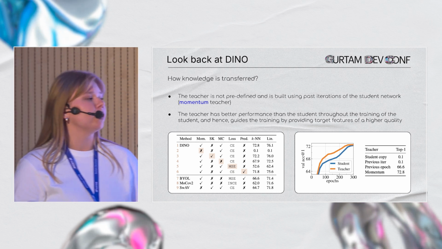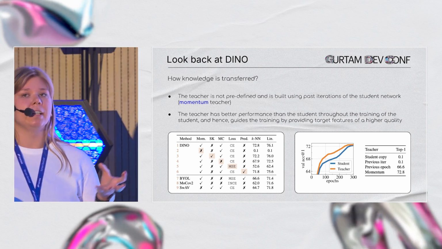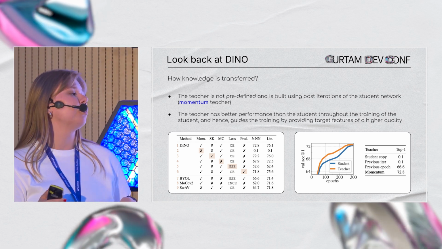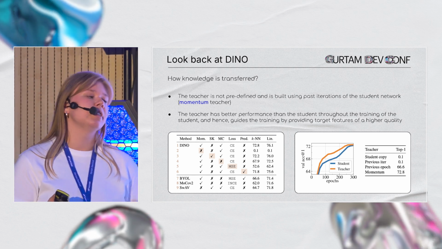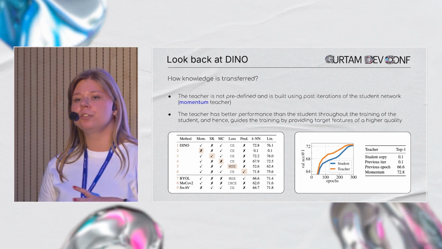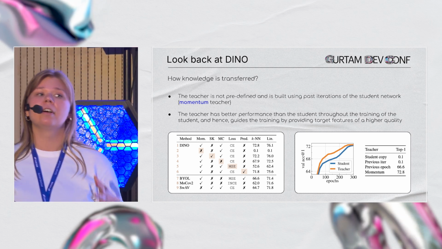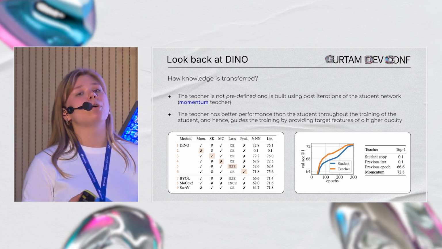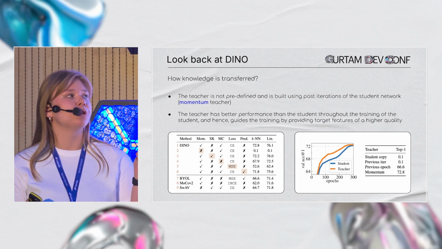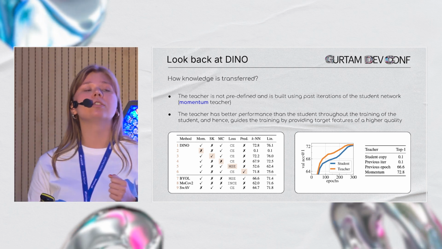They actually tried a lot of different approaches to updating the teacher model. They tried to copy the student, they tried to use the previous iteration of the student, and only the previous epoch started to work. And that approach of taking average snapshots of the student was the best, and it's called momentum.